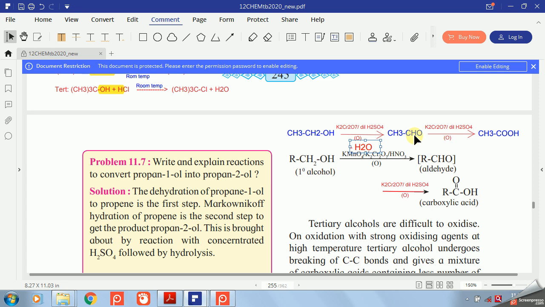Instead of removing water, simply you have to add oxygen to the C double bond O carbon, so we get C double bond O OH. Okay, so the functional group is dash COOH.